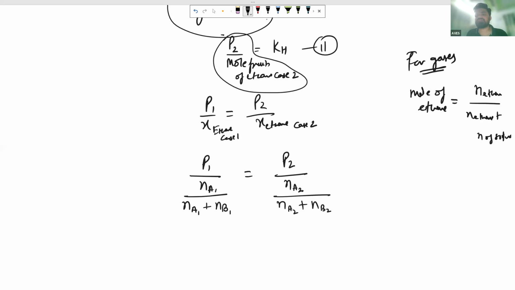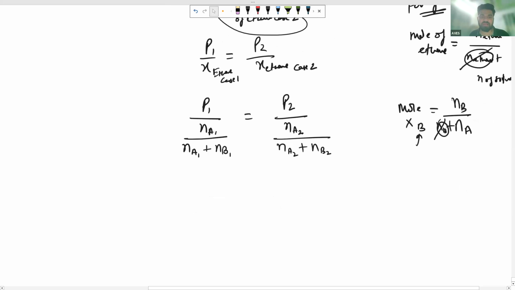But since this value is very less, it will be rejected. Simply we can say that for gases, mole fraction of B will be equal to n, number of moles of B, upon number of moles of B plus number of moles of A. We just neglect here B. This value is neglected. We don't write it.